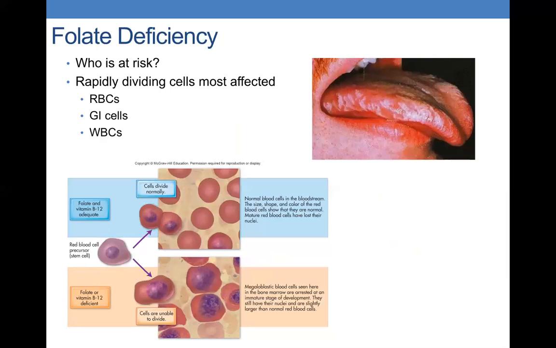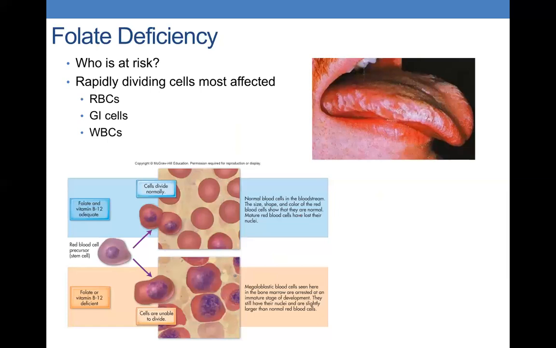I mentioned that folate is involved in DNA synthesis, and cells that are rapidly dividing are most affected. For example, red blood cells are needed to transport oxygen. Red blood cells are made in the bone marrow. However, in folate deficiency, there is not enough folate to make this DNA.